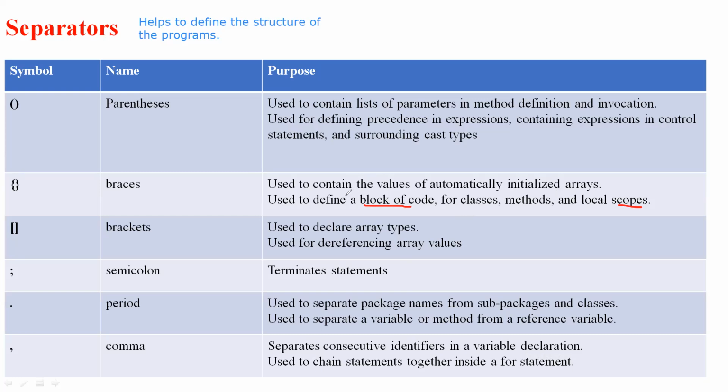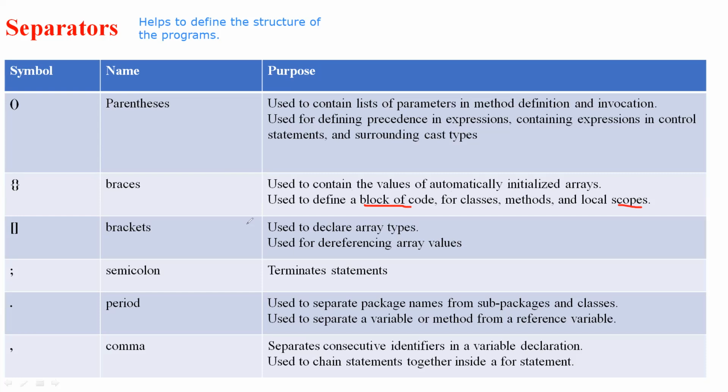So by using braces, we define the values for all the array elements. To create a block of code, we use two braces, an open brace and a close curly brace. We also use braces to define classes and methods, and to define any local scopes.